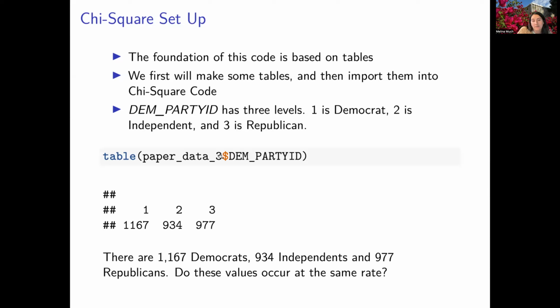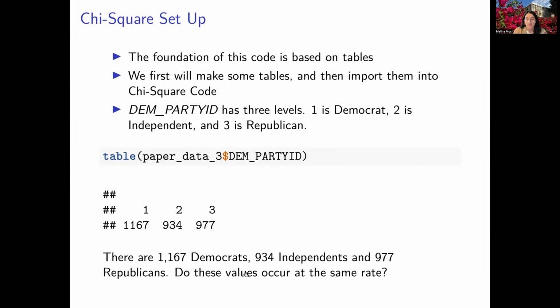So from paper data 3, the $ selects out the variable that we want. In this case, Dem party ID is that variable that we care about that has all three of the different party identification labels. So in this case, there are 1,167 Democrats, 934 independents, and 977 Republicans.